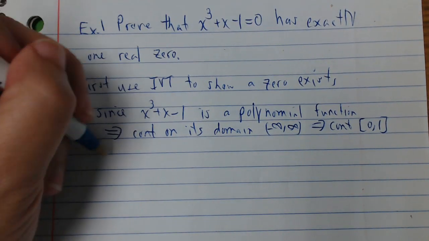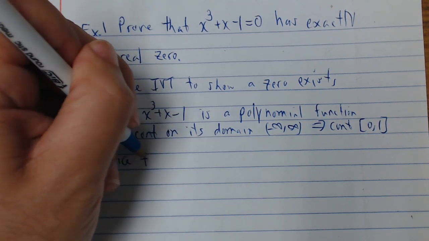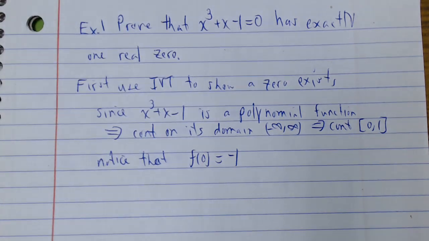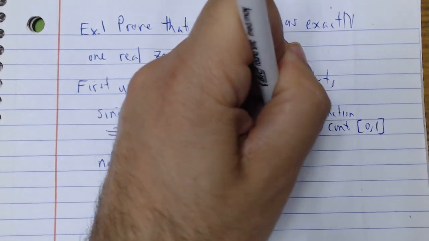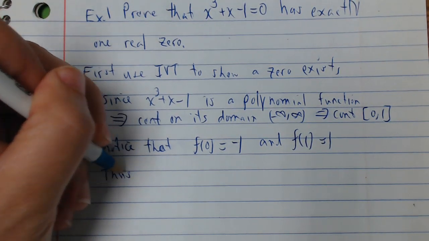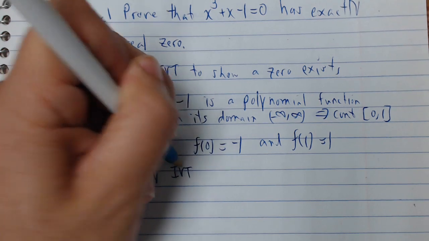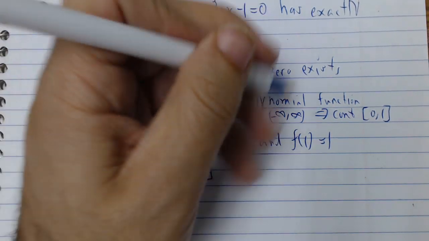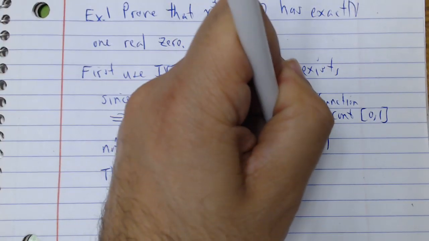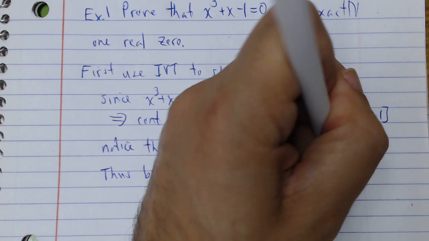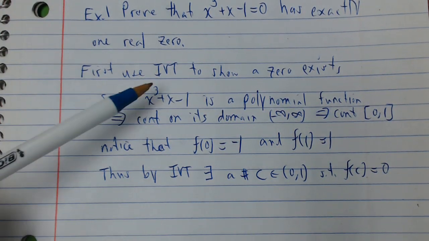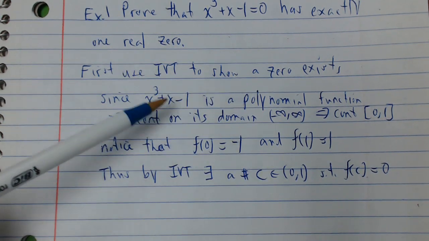So now we could say, notice that f of 0 equals negative 1, and f of 1 equals 1. So what could we say? We can say, thus, by the intermediate value theorem, there exists a number c in the open interval from 0 to 1, such that f of c equals 0. So what have I shown so far? I've shown that there's at least one real zero.